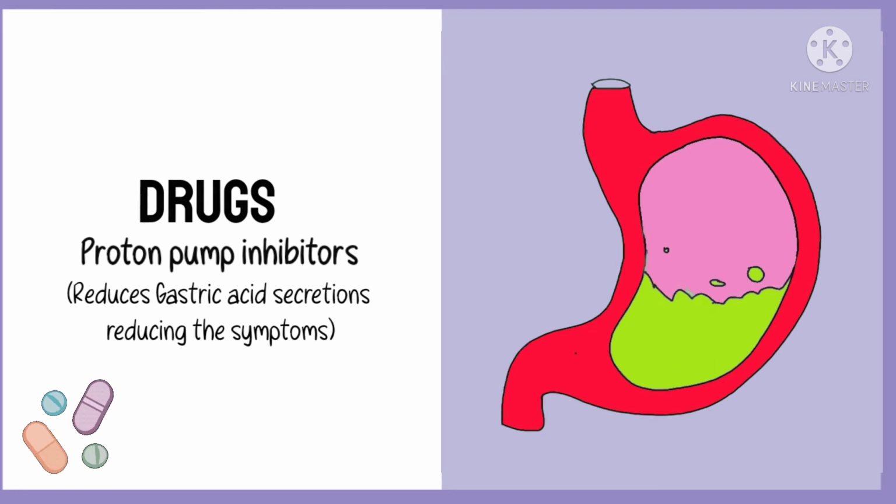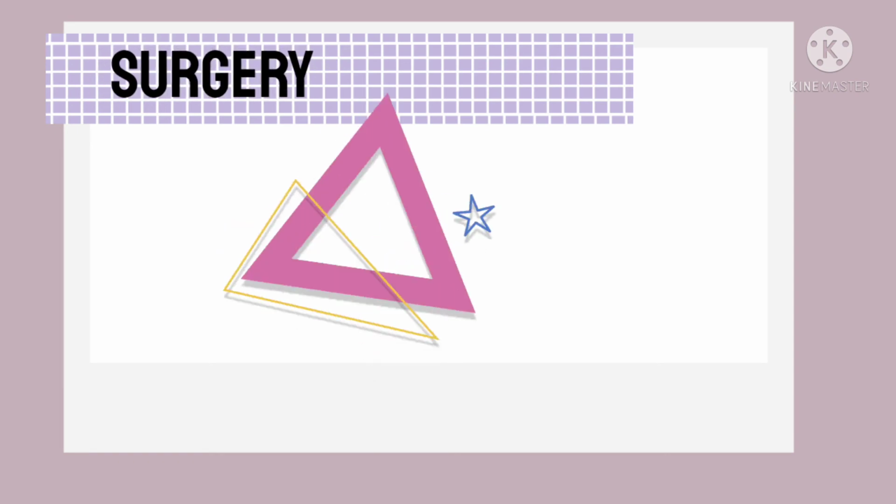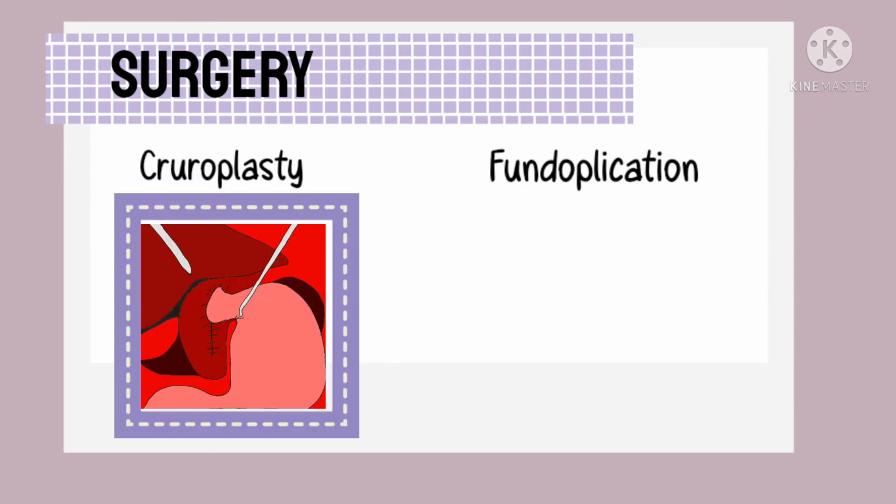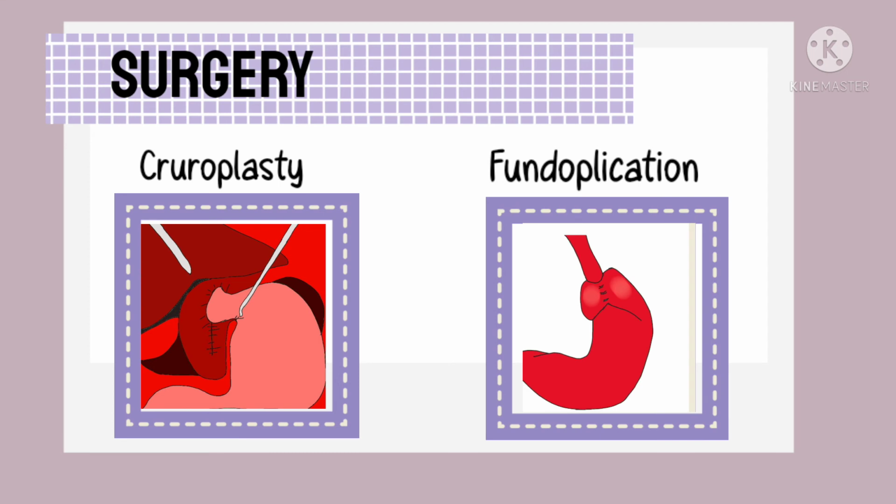If the patient requires surgery due to any reason, then there are two aspects of hiatal hernia surgery. First is cruroplasty and the second is fundoplication.